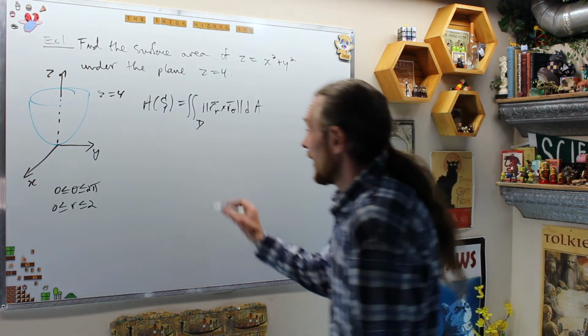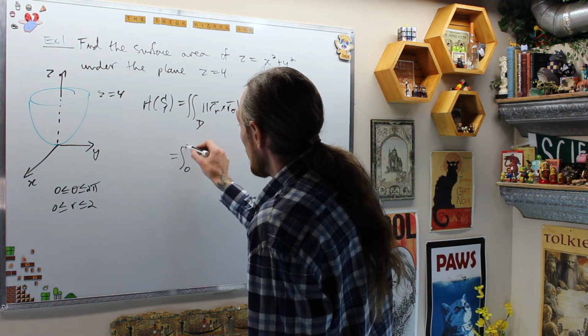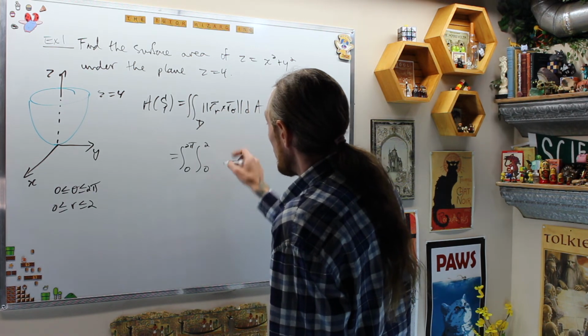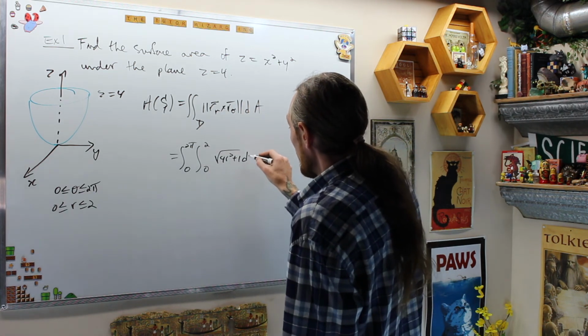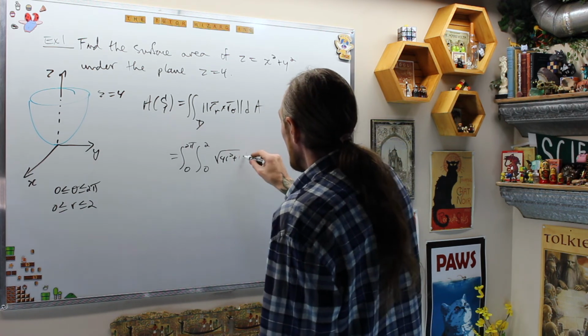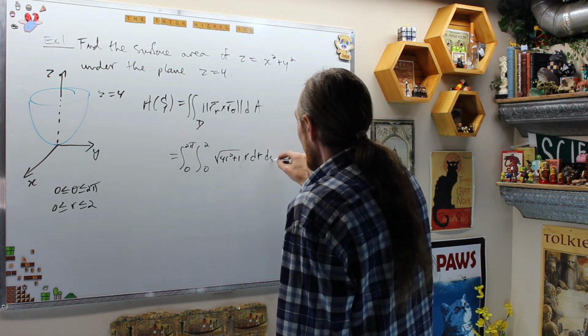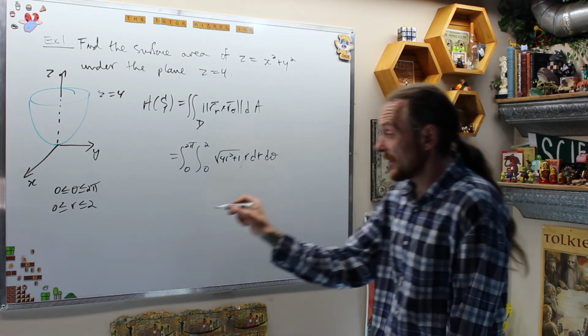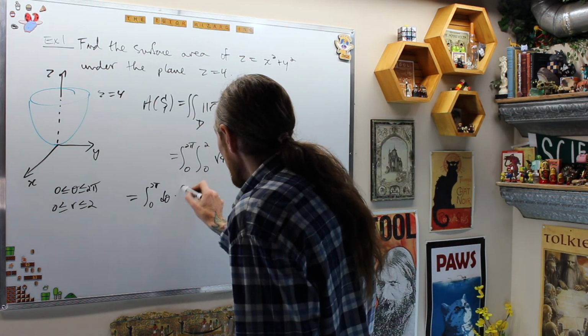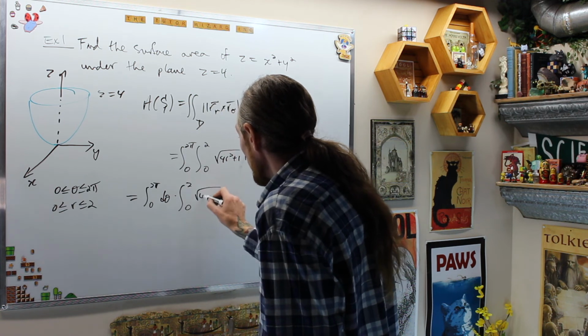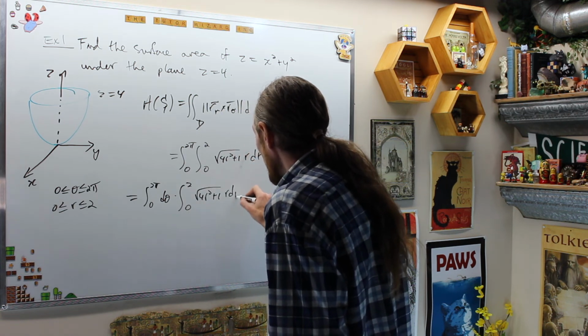And therefore, this is the integral from 0 to 2 pi of the integral from 0 to 2 of the square root of 4r squared plus 1 times r dr d theta. I can split this. This is equal to the integral from 0 to 2 pi d theta times the integral from 0 to 2 of the square root of 4r squared plus 1 times r dr.